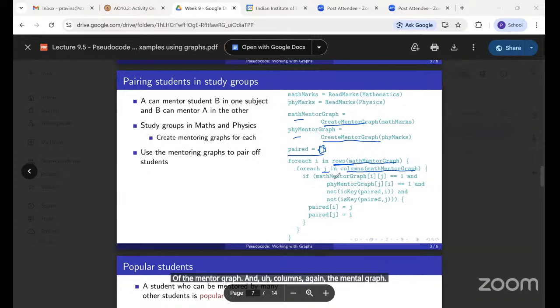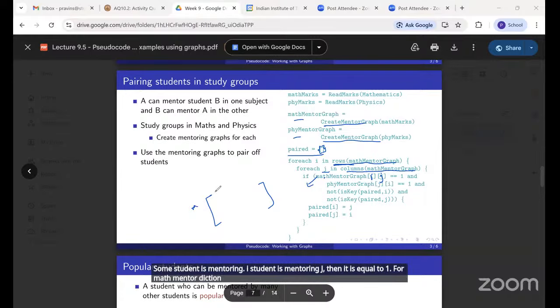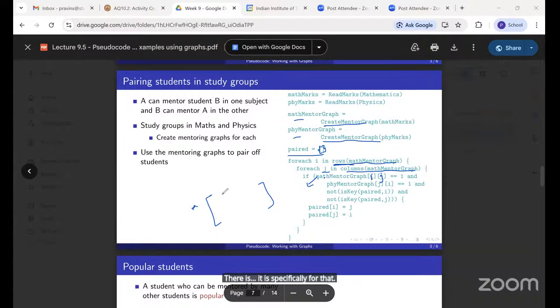We are iterating. If math mentor of ij is 1, basically that means some student i is mentoring j, in the math mentor dictionary. It is specifically for math. That means here it is 1, that means i is mentoring j.